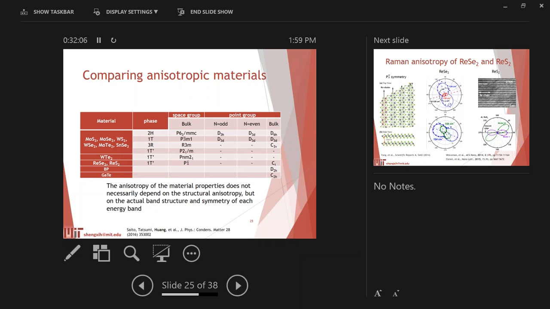As I mentioned before, this optical absorption transition rule can also be applied to these materials with in-plane anisotropy. But when we study these materials, we need to be extra careful if we want to use Raman or optical absorption to determine the crystalline orientations of these materials.